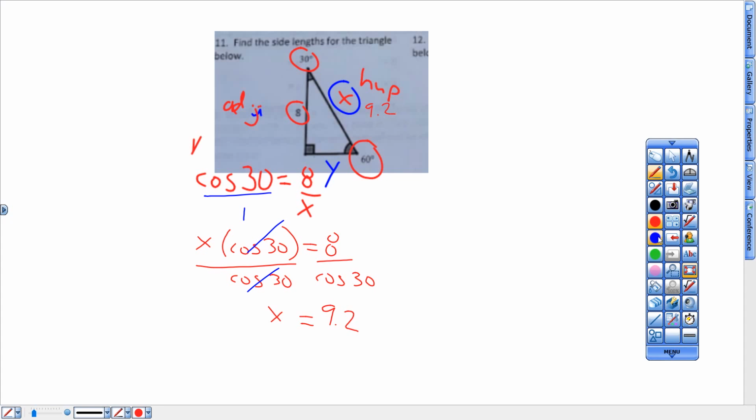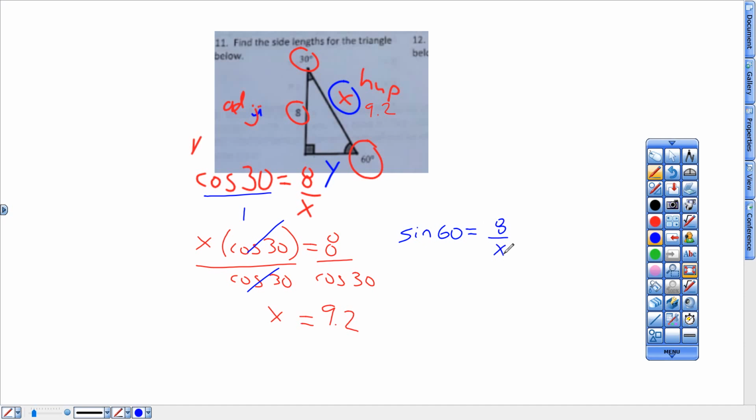If you wanted to, I could also have come in from 60, but that would force me to use sine 60, because coming in from 60, that 8 is the opposite. Oh no, that'd be the same problem, right? So I'd have to multiply and then divide.